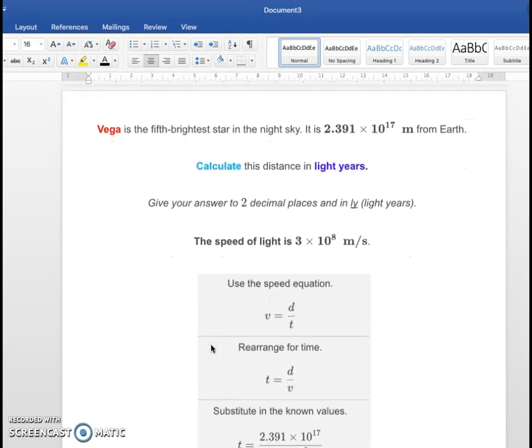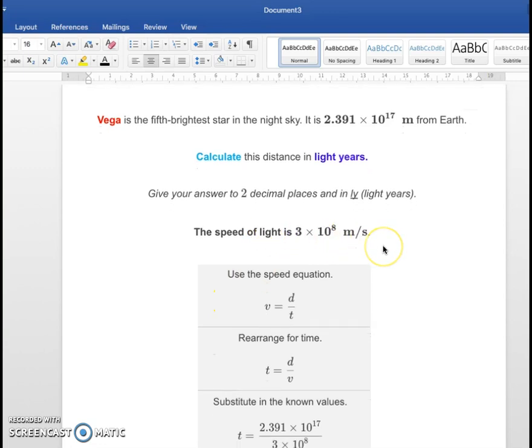The last question here says that Vega is the 5th brightest star in the night sky. It is 2.391 times 10 to the 17 meters from Earth. You're calculating this distance in light years as well. So we know the speed of light is 3 times 10 to the 8 meters per second.